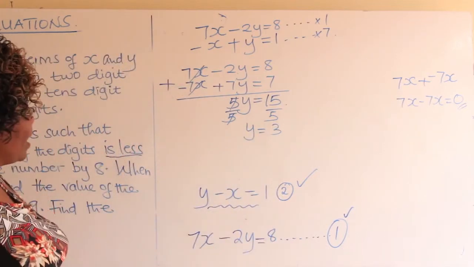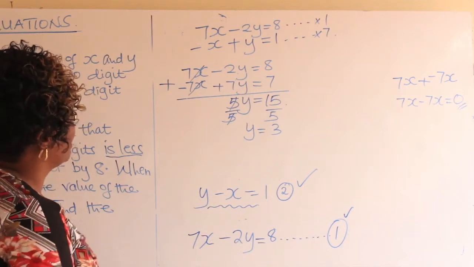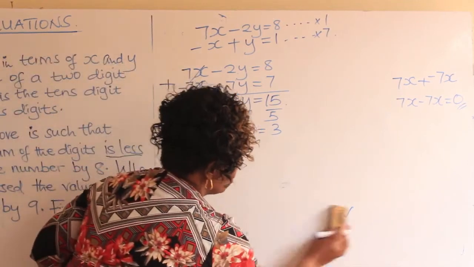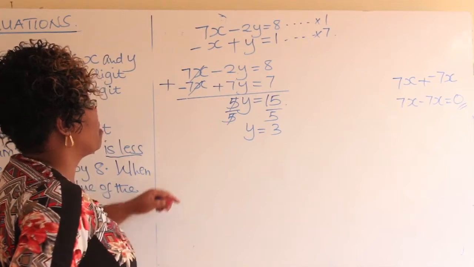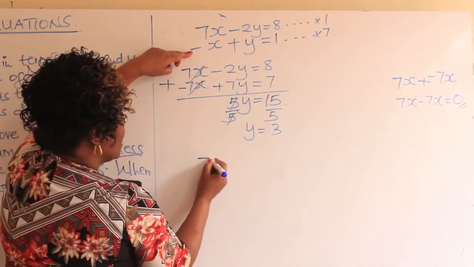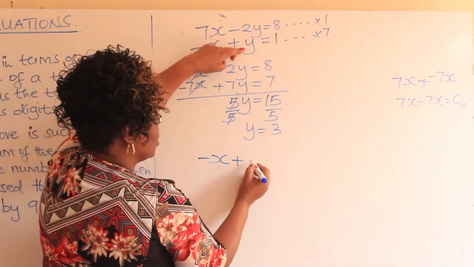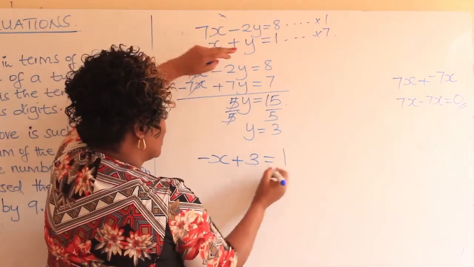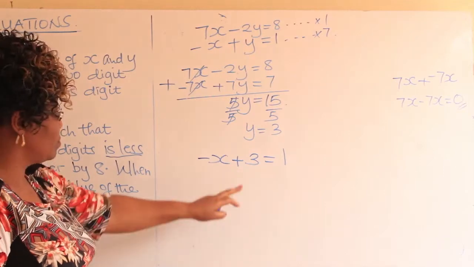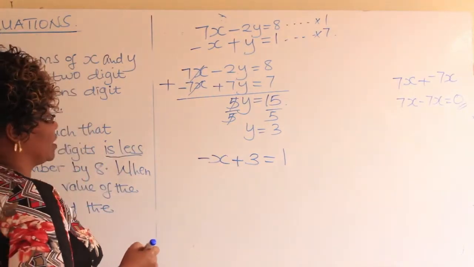What about the x? To get the x, you go to one of the equations and substitute your y. Suppose you go to the second one here: minus x plus your y, which is 3, is equal to 1. You can substitute y in the second equation or even in the first.